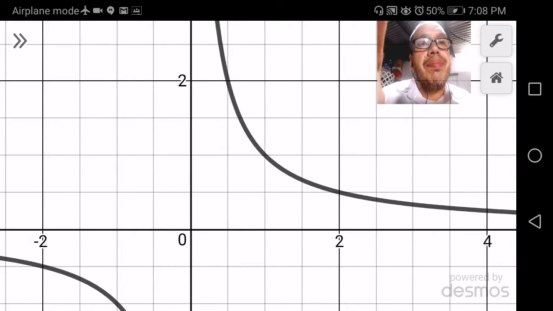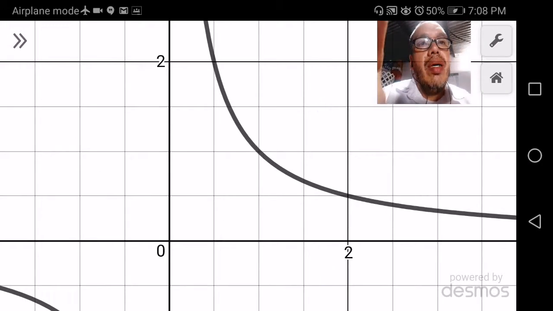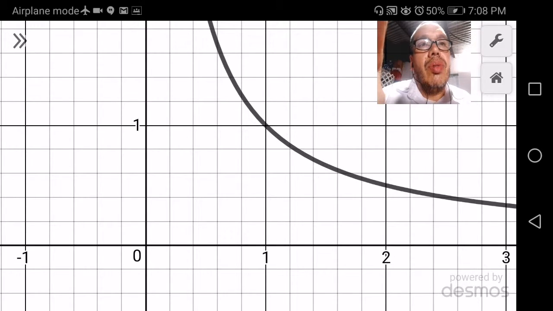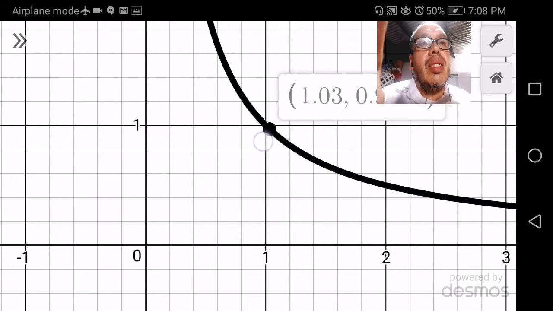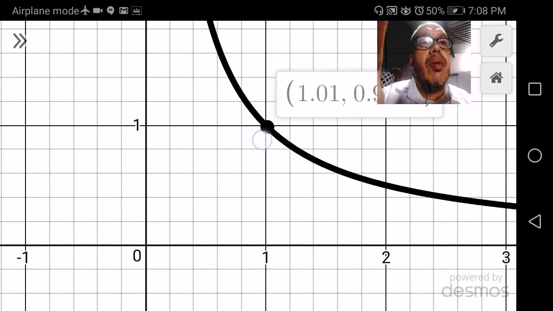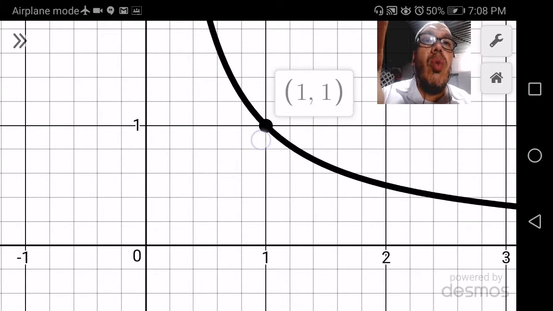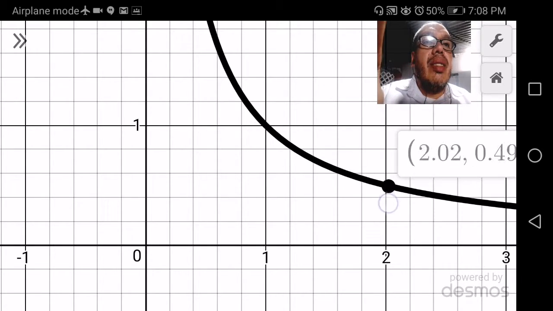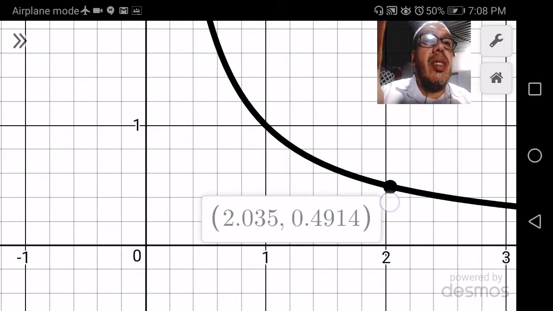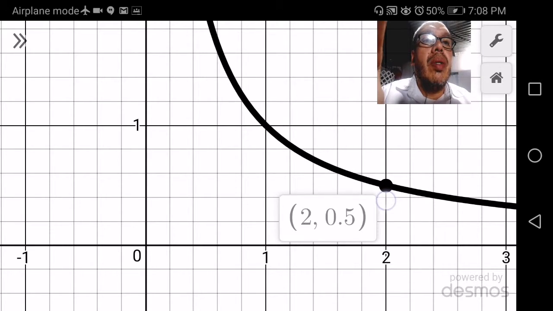For example, 1, 1 is a point on this function because 1 over 1 is 1. This one, where x is equal to 2, y is equal to 0.5.